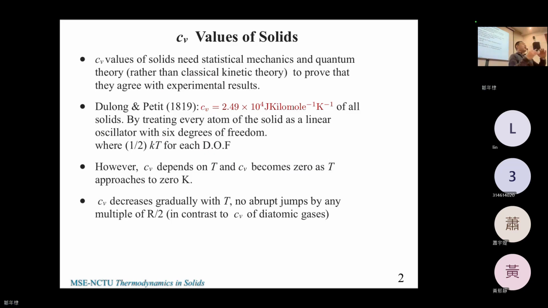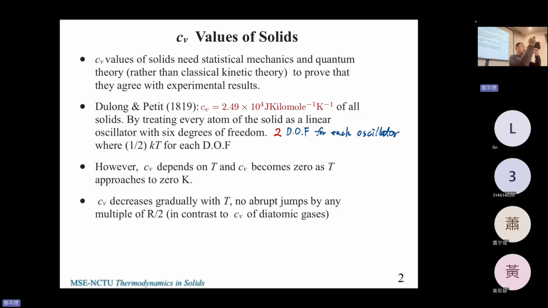The oscillator in the solid cannot move around like gas, and cannot rotate around like a gas. So they only have vibrational degrees of freedom. So how many degrees of freedom? 2 degrees of freedom for each oscillator.